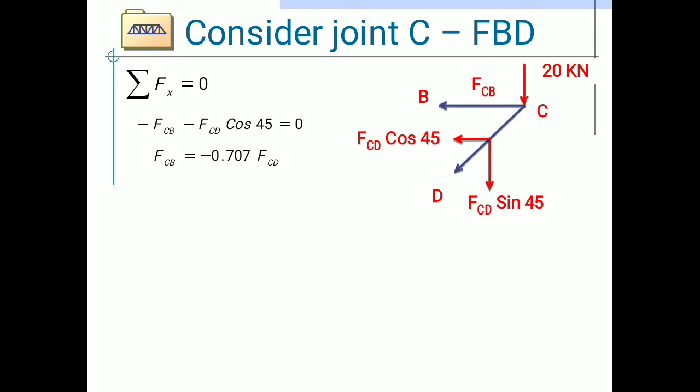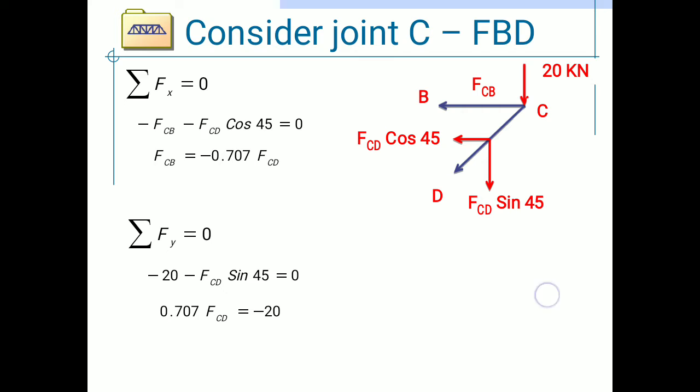So, applying the second condition of equilibrium, summation Fy is equal to 0. There are two vertical forces, that is 20 kilonewton and FCD sin 45, which are applied in the downward direction, so both are taken as negative. Minus 20 minus FCD sin 45 is equal to 0.